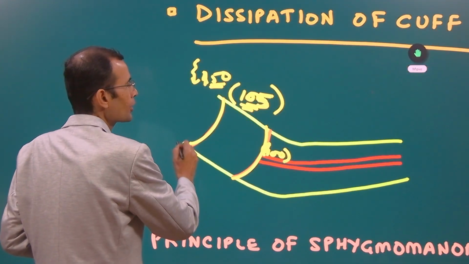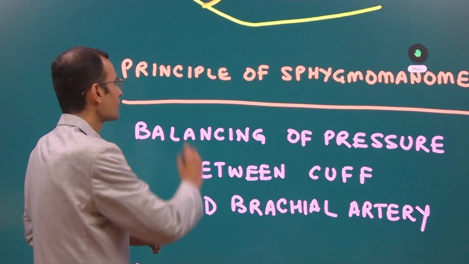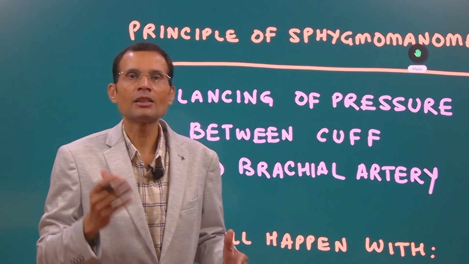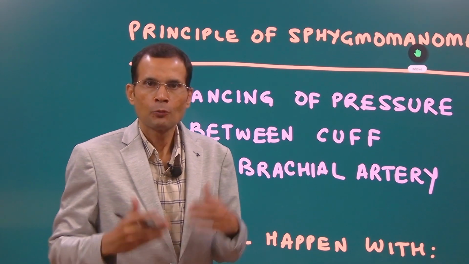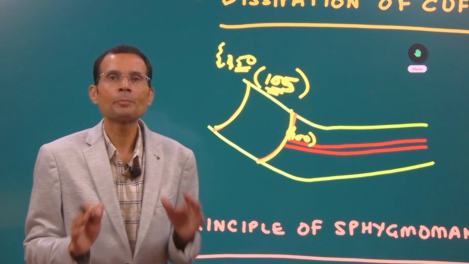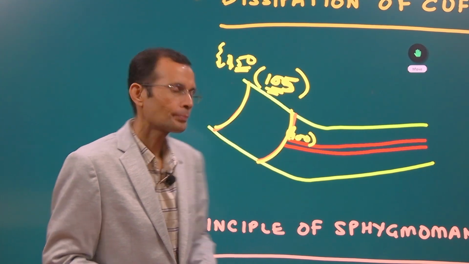Let's understand the principle of sphygmomanometry. The principle is balancing of pressure between the cuff and the brachial artery, which means, let's say the brachial artery has a certain pressure, say 100 mm of Hg, some arbitrary figure.